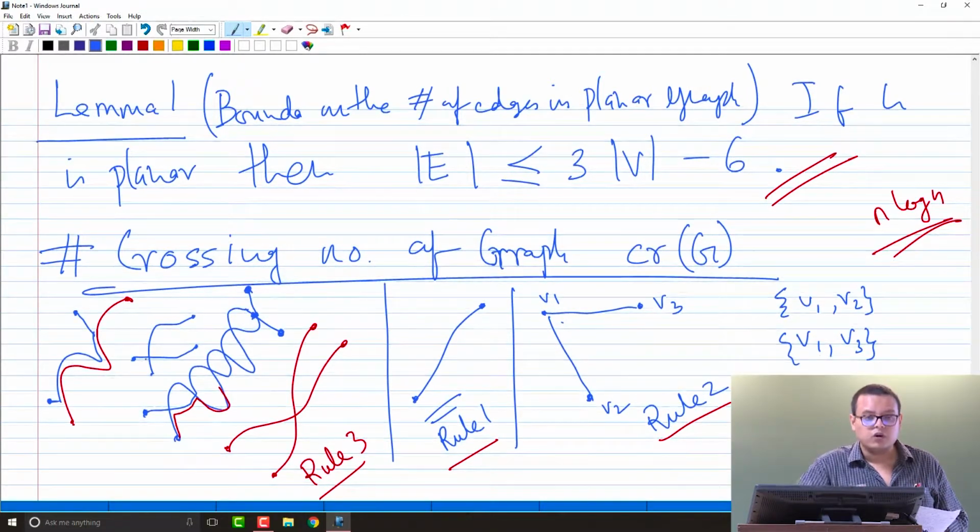How do you remove this one? Sure, but there are other edges in the graph, no? You will start crossing. I have just drawn two edges that are crossing. So I will give you an example and let's see whether we can remove all the crossings from that graph. So let's do one example and then it will be clear.